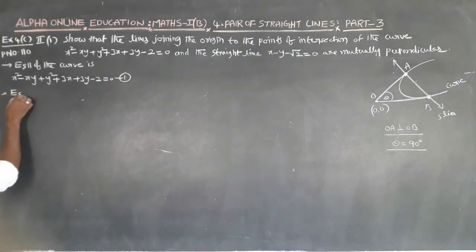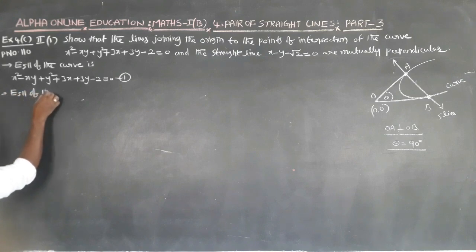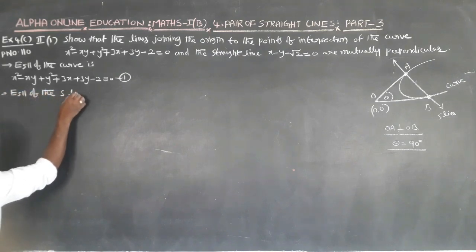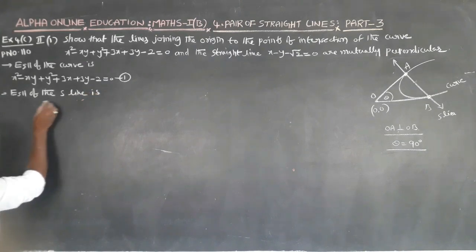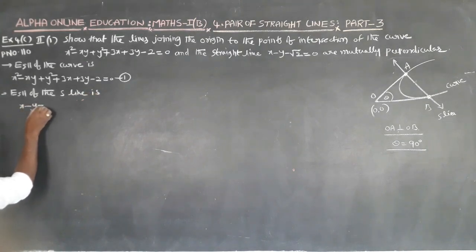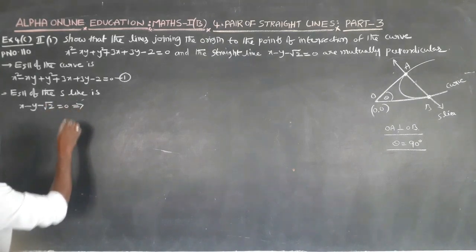Next, the equation of the straight line is x minus y minus root 2 equal to 0.